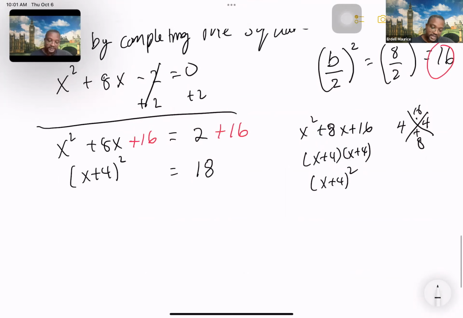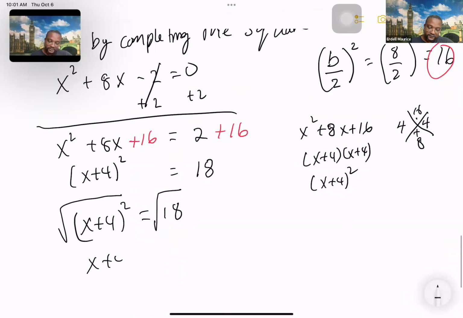All right, and so we now have x plus 4 squared is equal to 18. You take the square root on both sides. X plus 4 is equal to plus or minus radical 18. Do you want to give your answer in simplified form?